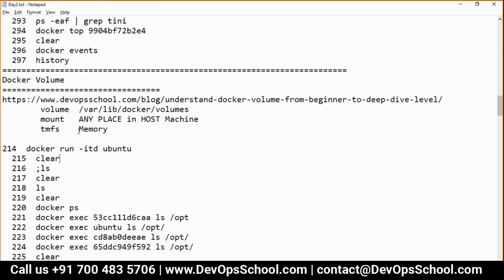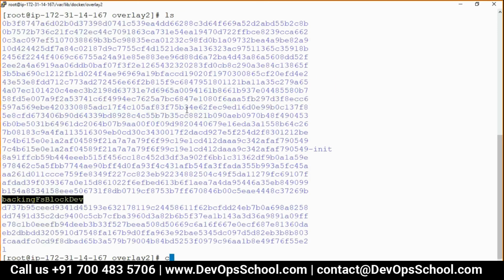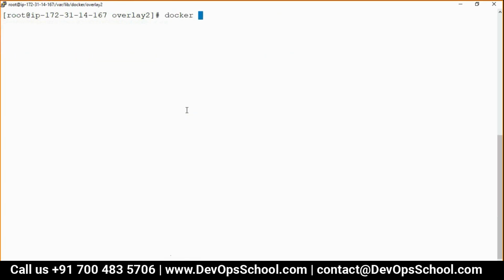Mount, I said you can have it at any place in the host machine. So what I'm going to do is, look at my screen. I say docker run -itd Ubuntu. Now -v, where? Host machine, opt Ramu Kaka. This is the host machine.